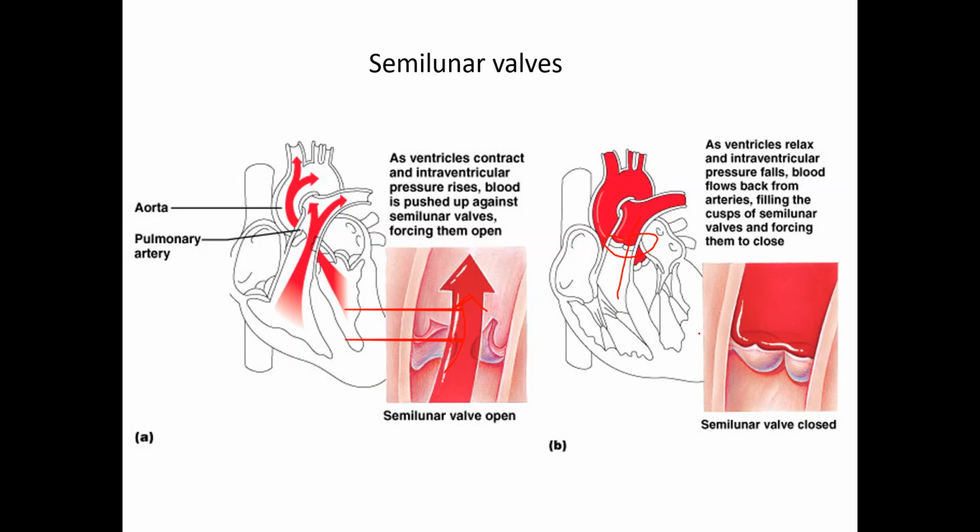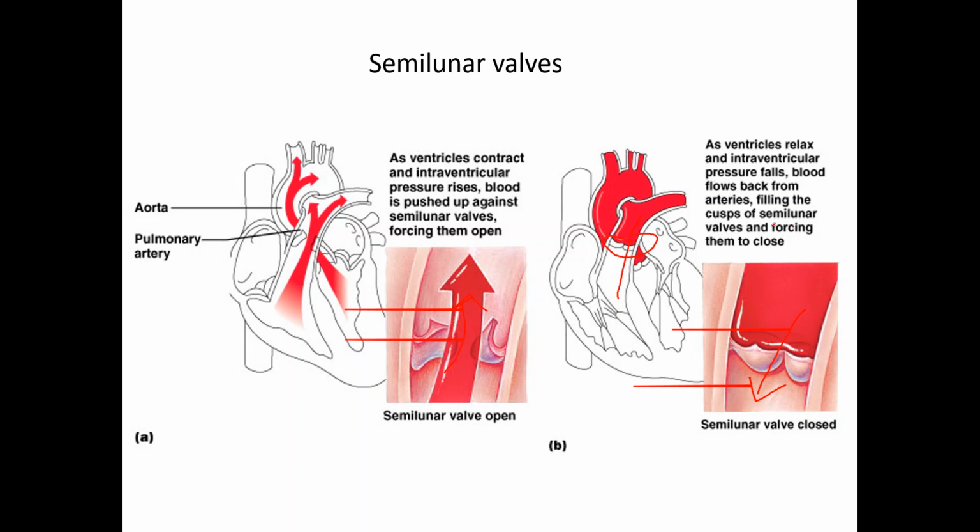But as the ventricle relaxes now, you don't want the blood to fall back into the ventricle. You want the blood to go where it needs to go, whether it is systemic circulation or pulmonary circulation.